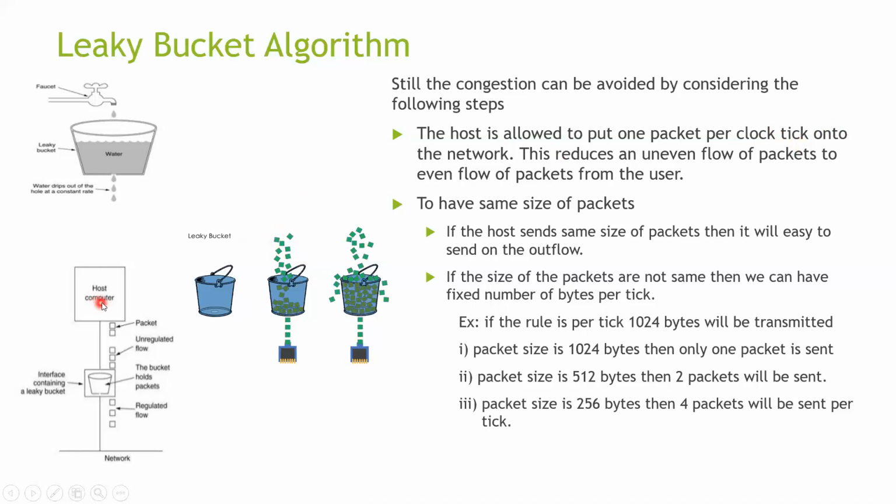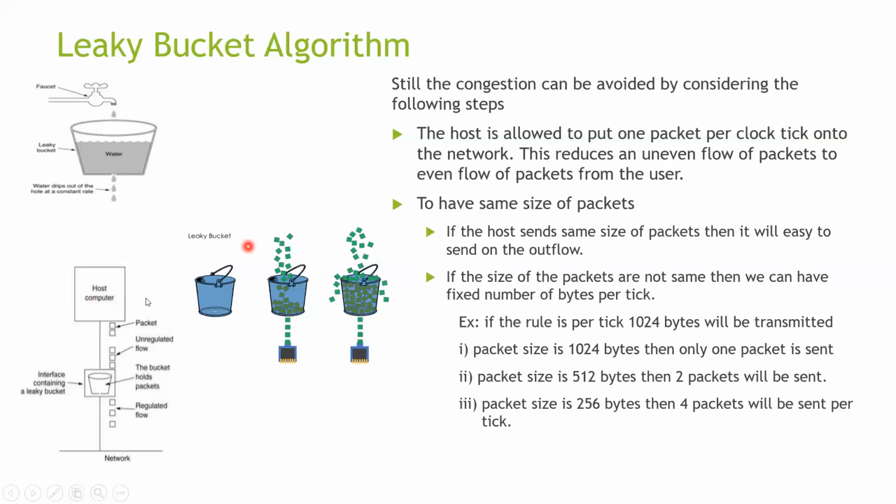So now what does it have to do? The host computer has to send 1 packet per clock tick. If I am fixing it at 1 millisecond, then after each 1 millisecond, 1 packet has to be sent from the host. This we can fix at the host level itself.